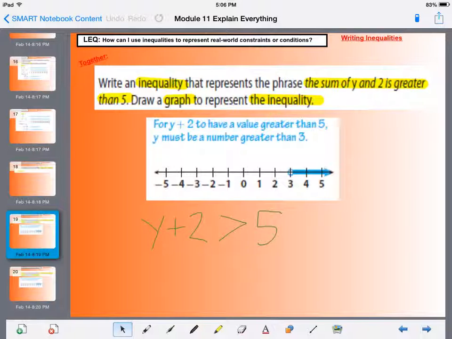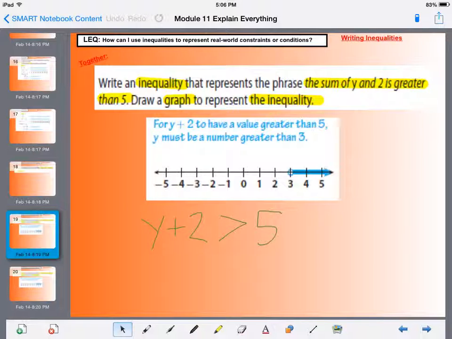We're going to draw a graph to represent the inequality. So we're going to solve for y, and we're going to solve it the same way as we would an equation. This is an inequality because our answers could represent more than one number.